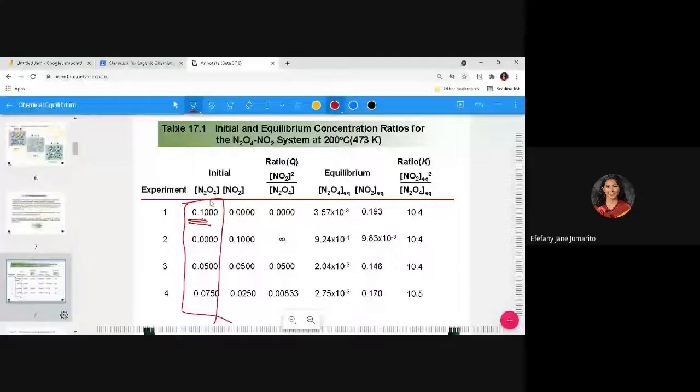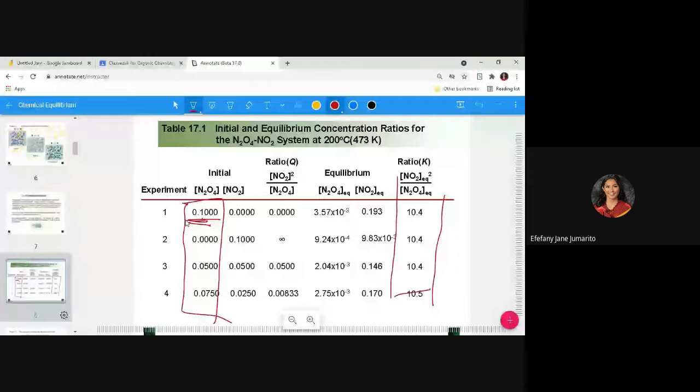0.01, 0.1. Okay, you see this one, class? This table is just a proof that the initial concentration does not matter to our equilibrium constants. Look.